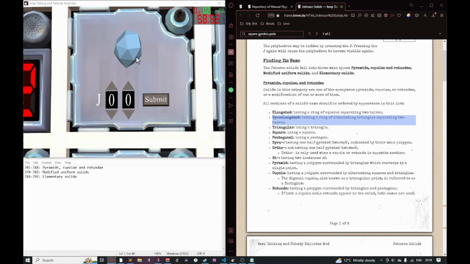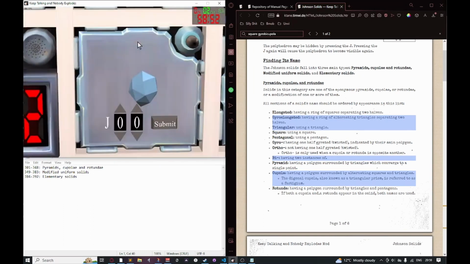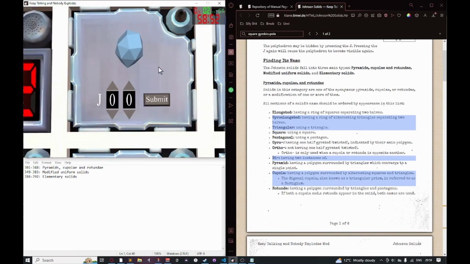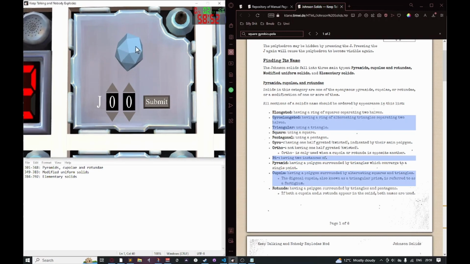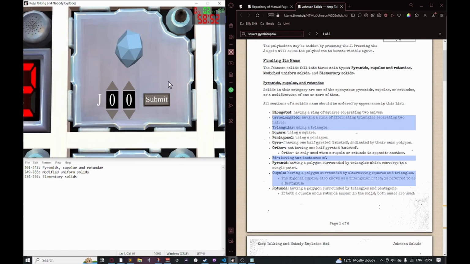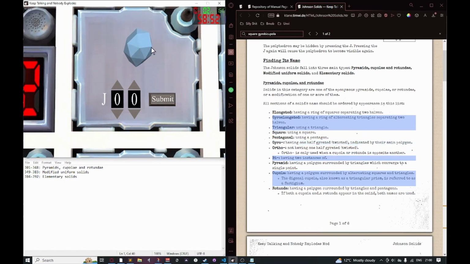So we have a gyro elongated triangular bicupola of some sort, because we have two cupolas with triangles as their main polygons, and they are connected by a ring of alternating triangles. In this case, because this is gyro elongated, this means we have one half automatically rotated relative to the other one, because you see here we've got this edge lining up here.